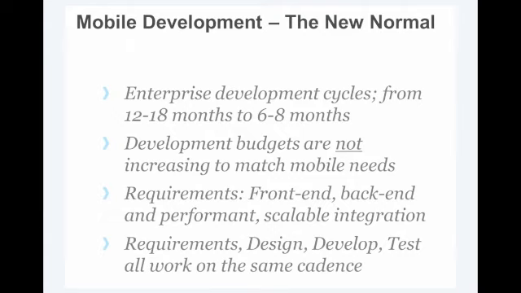Now test teams are interspersed around the development teams themselves. The same thing with design. Development teams will have a designer in with them, a tester in with them, maybe even daily interactions with a business analyst, such that everything works in lockstep and everything has a very distinct cadence to do more with less, to get these enterprise apps out in 6 to 8 months.